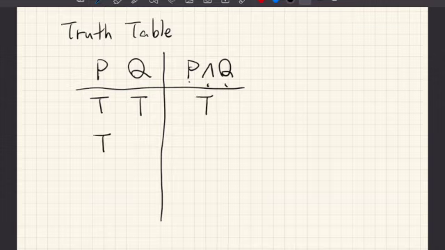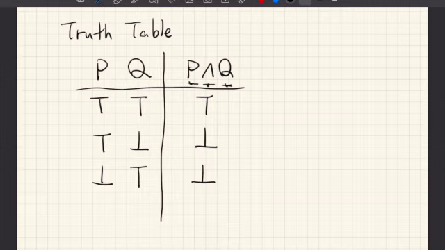When P is true, Q is false, P and Q is false. When P is false and Q is true, then P and Q is false. When both are false, P and Q is also false.